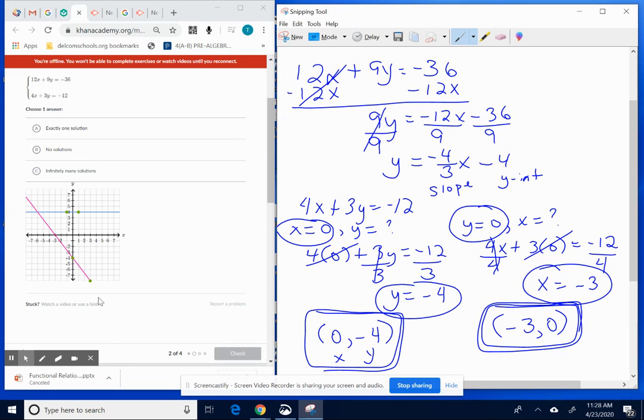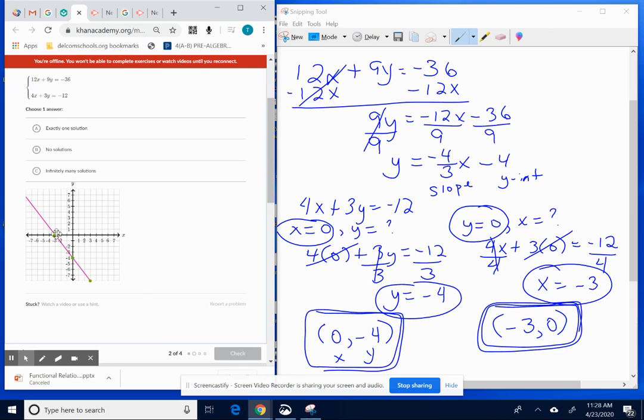So I'm going to take my blue line. I'm going to find 0, -4, down there on the y-axis at -4. I'm going to find the point -3, 0, and graph it. Look what happened.